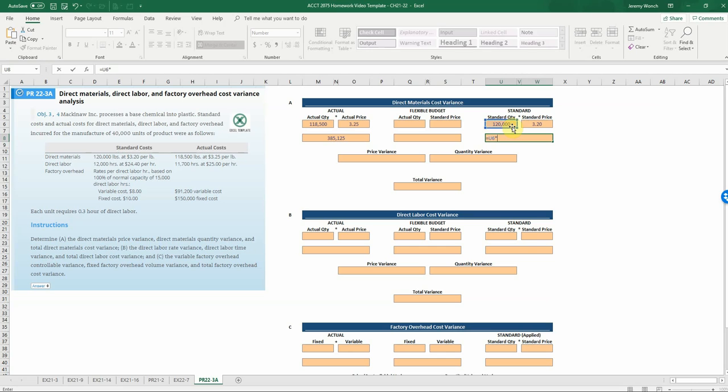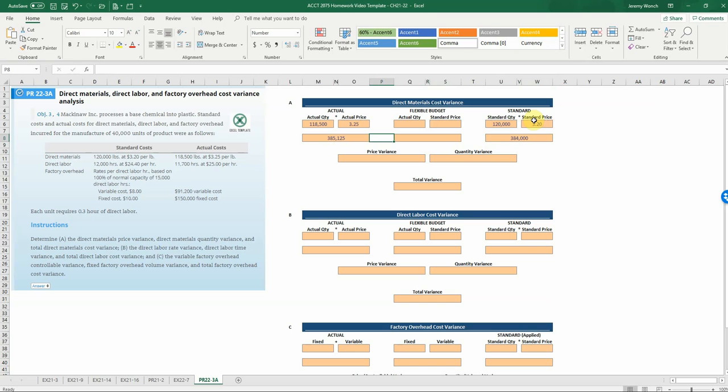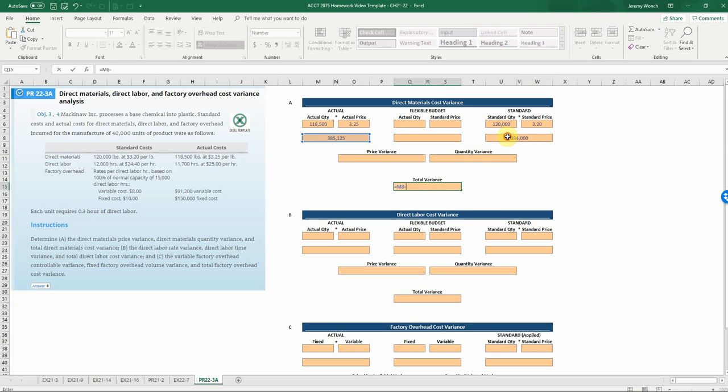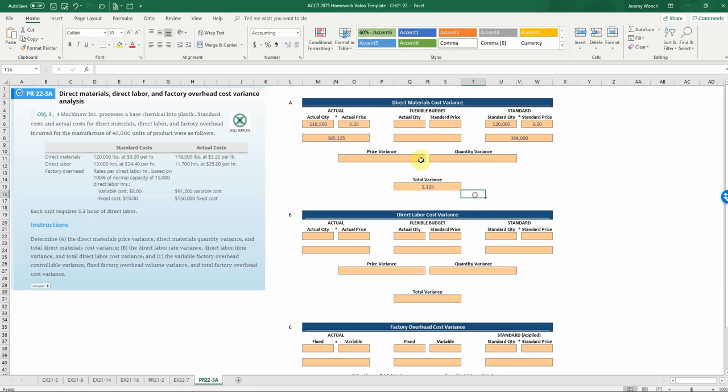Now we multiply those together. Based on that, we can get our total variance. We take our actual minus our standard, and we get our total variance.